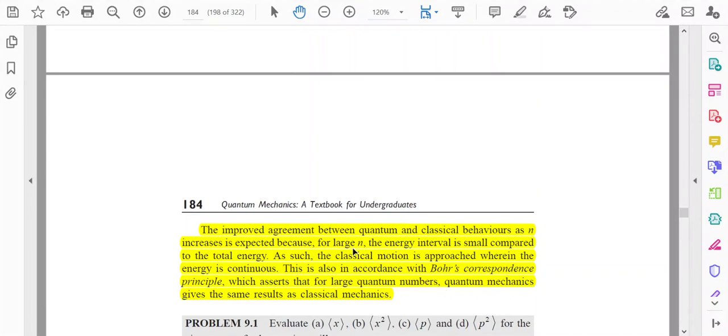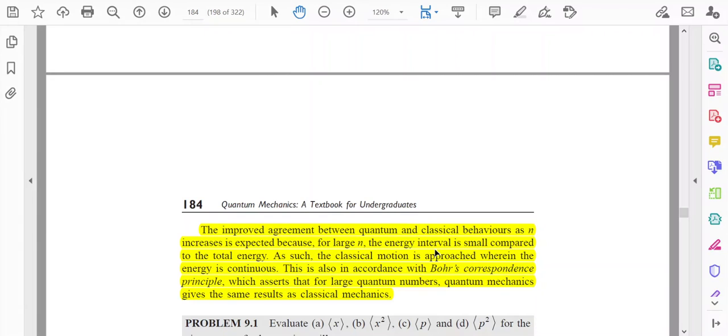You have to focus on that, that for large n, the energy interval we can represent in terms of h cut omega, because En is equal to n plus half into h cut omega. So the interval between energies, if you consider any interval, will be of the order of h cut omega.